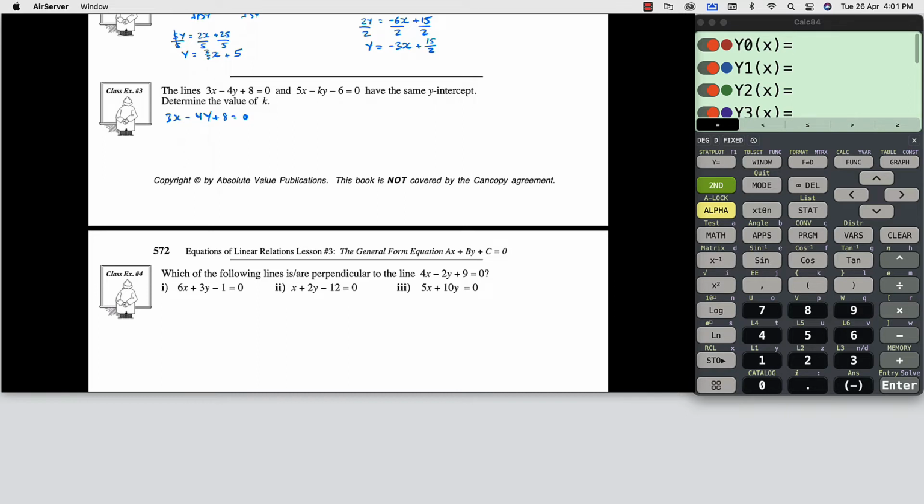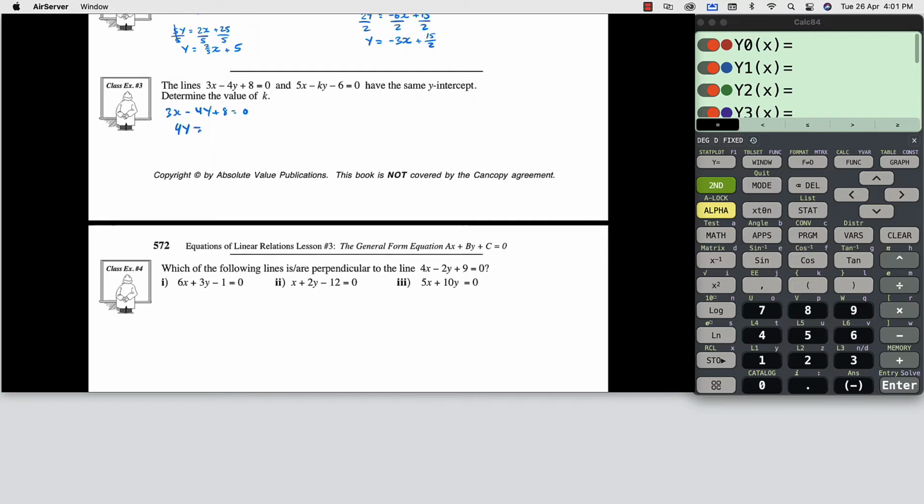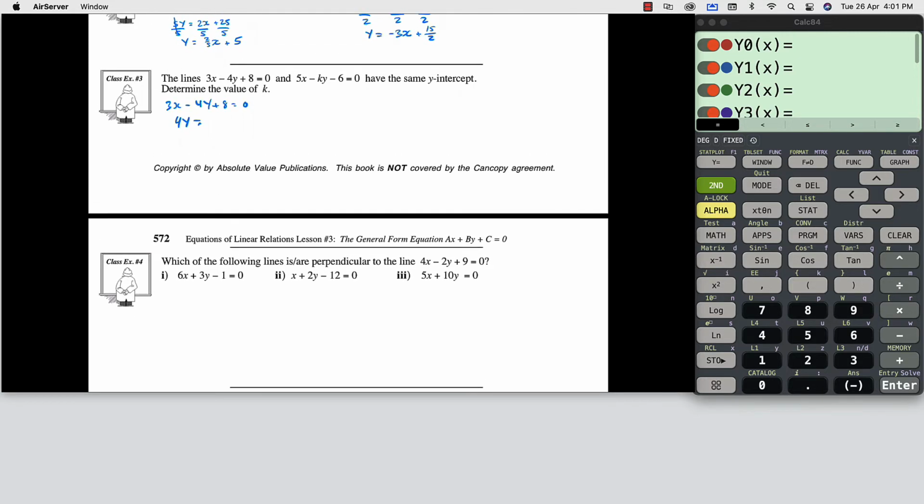I'm going to add 4y to both sides and end up with 4y equals 3x plus 8. Divide everything by 4, and I'm going to get y equals 3 over 4x plus 2.